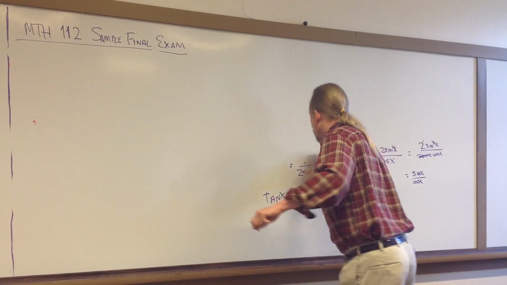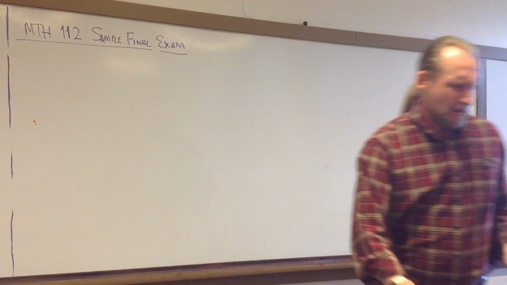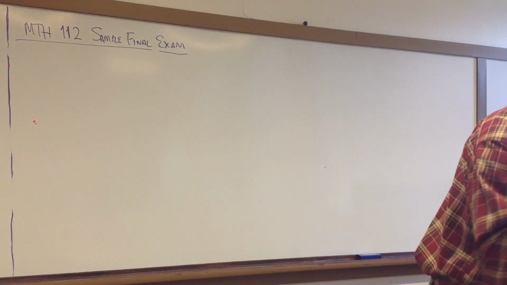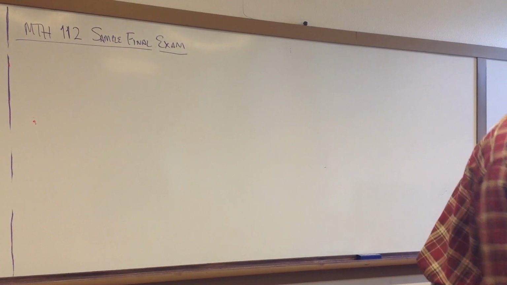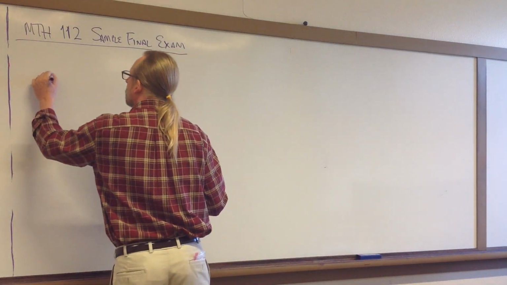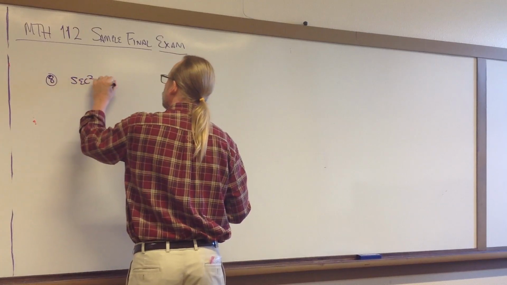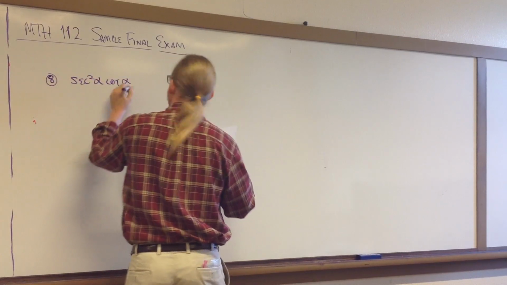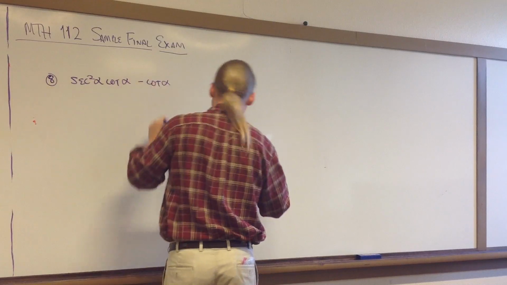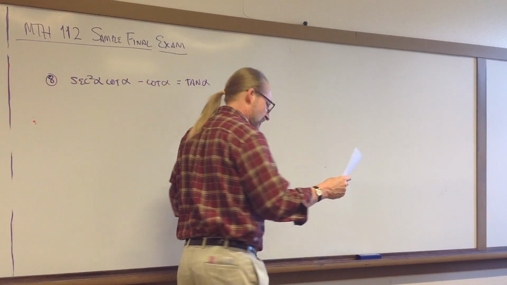We got one more identity here. Problem 8. Secant squared alpha times the cotangent of alpha minus cotangent of alpha equals tangent of alpha.